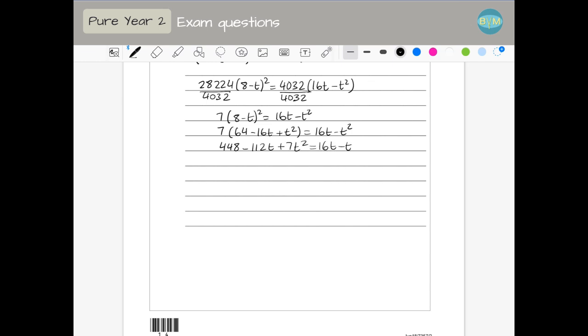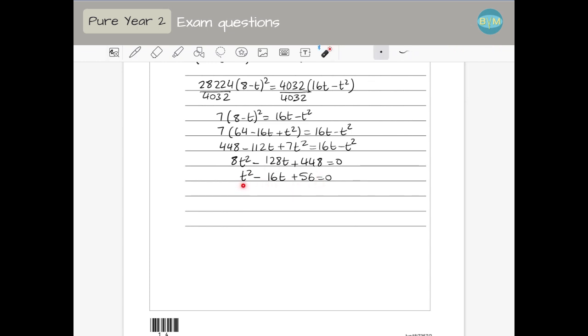I reorganize my equation: 7t squared plus t squared is 8t squared, then minus 112t minus 16t is minus 128t, and this 448. I can divide everything by 8 to simplify, so I have t squared minus 16t plus 56 equals 0.